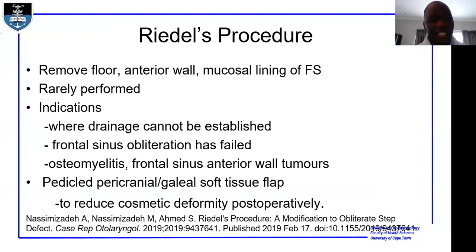It is indicated where drainage cannot be established, and also where frontal sinus obliteration has failed. And in osteomyelitis or in frontal sinus anterior wall tumors, one can use a pedicled pericranial or galeal soft tissue flap to reduce the cosmetic deformity postoperatively.